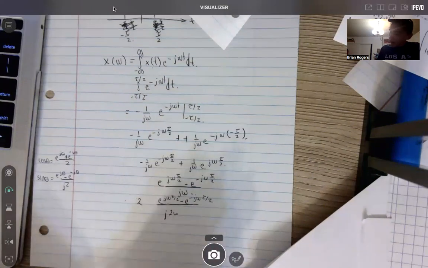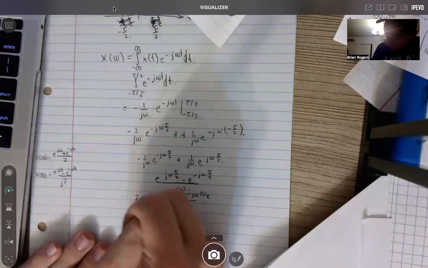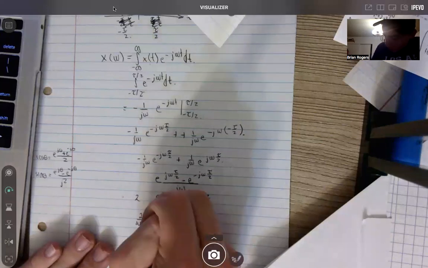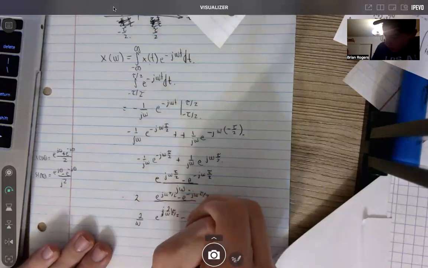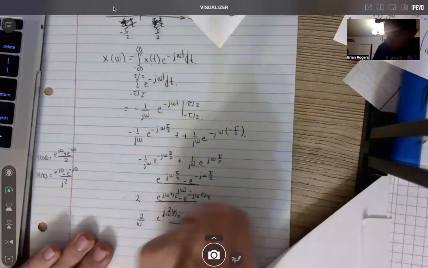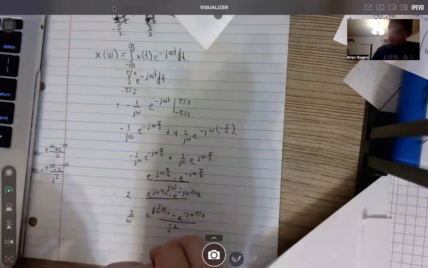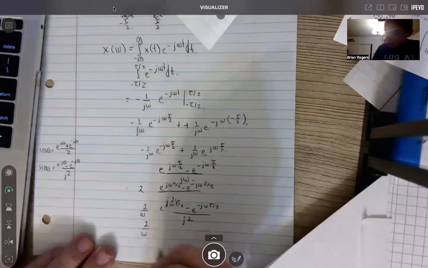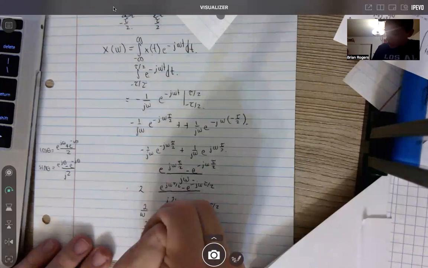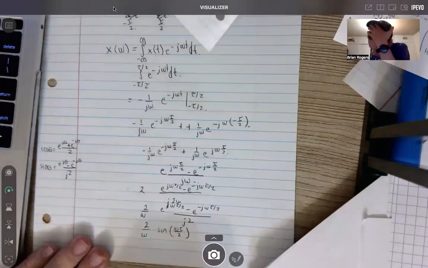I could just pull that out and rewrite it such that I would get 2 over omega, and then e to the j omega tau over 2 minus e to the negative j omega tau over 2 all over, and then this is going to be j. And so now I can write it as 2 over omega, and then it will be sine of omega tau over 2. And now I have it like that.